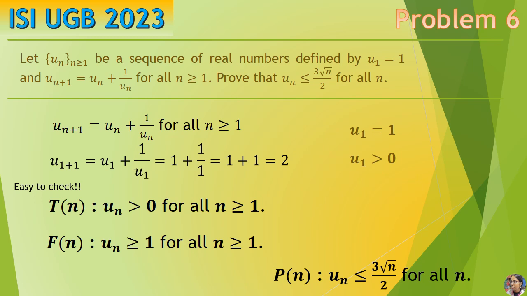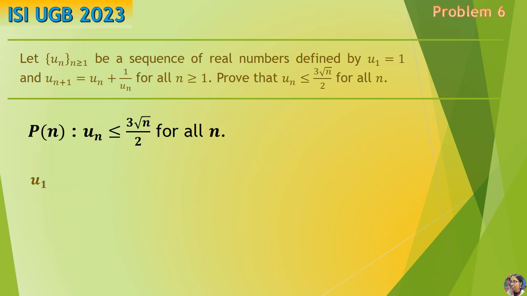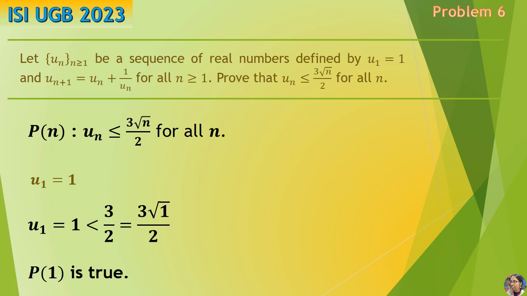We use mathematical induction to prove the result. u1 equal to 1, which is less than 3 by 2, which is equal to 3 square root of 1 upon 2. This shows that P1 is true, that is, Pn is true for n equal to 1.